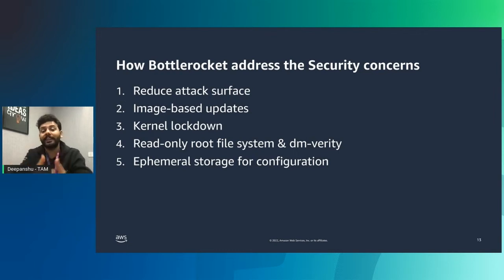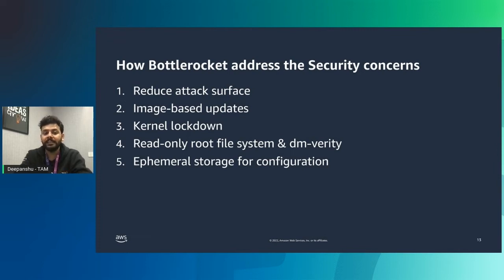Bottlerocket does not have any shell interpreters and package managers. So any additional software that is installed in containers, like I said, any tcpdump that would be installed in the container, there is no shell for that. And the control and the admin containers that are pre-installed can be used to install packages from the Amazon repository.